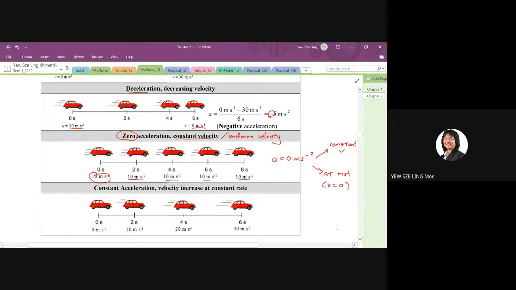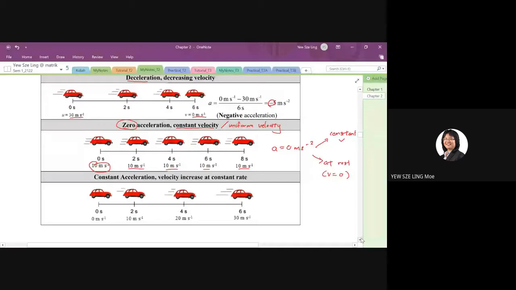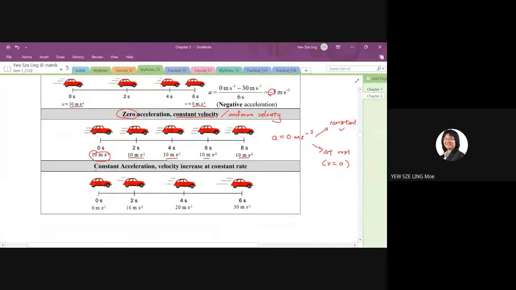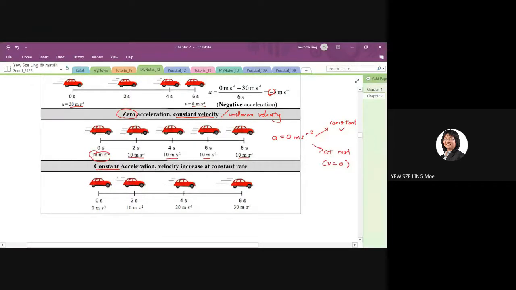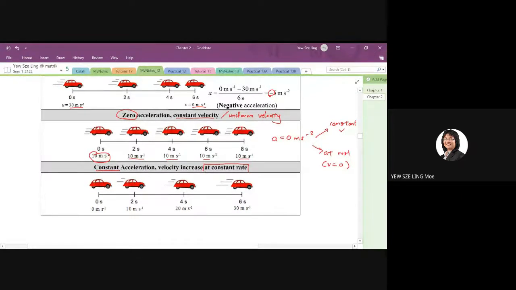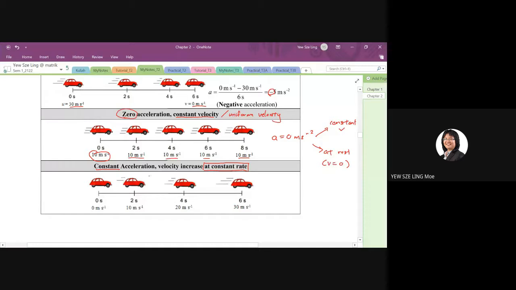So next one, constant acceleration. Again, students always have misconception when they see the term constant acceleration. They thought velocity should be constant. No, constant acceleration means your velocity is increasing, and it is increased at a constant rate. Okay, so that is the relationship between constant acceleration and velocity.